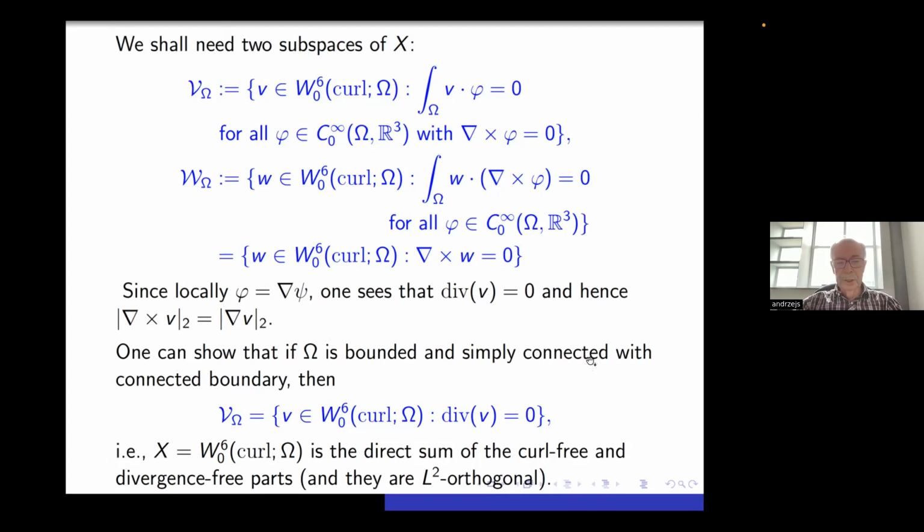And in the general case, it turns out that W omega will include some functions which are both curl free and divergence free. And one can show that this subspace is at most finite dimensional. But for the sake of simplicity, assume that we have this condition.